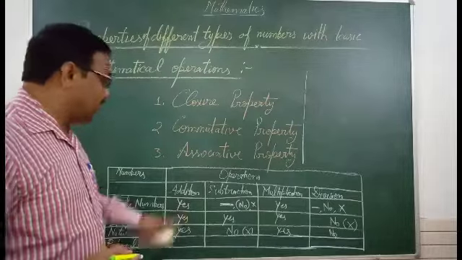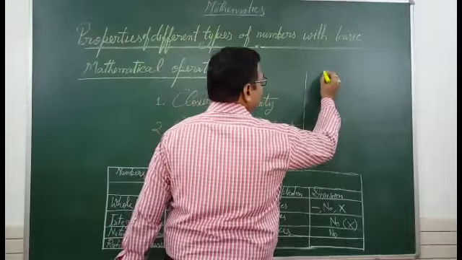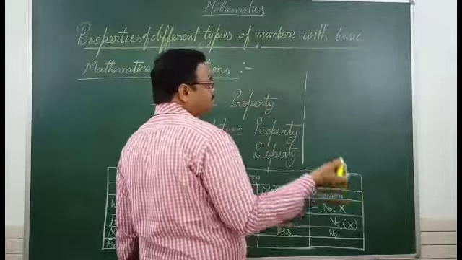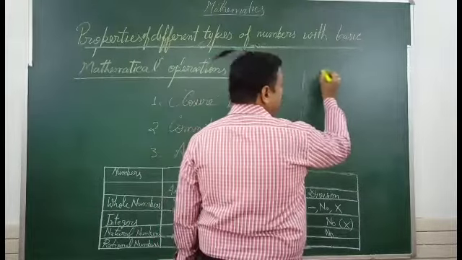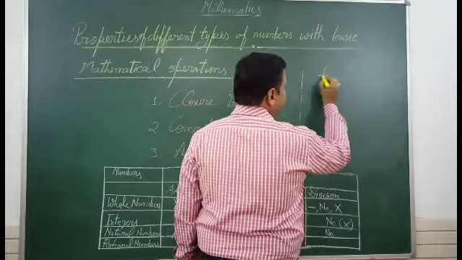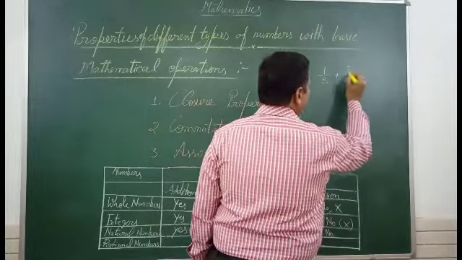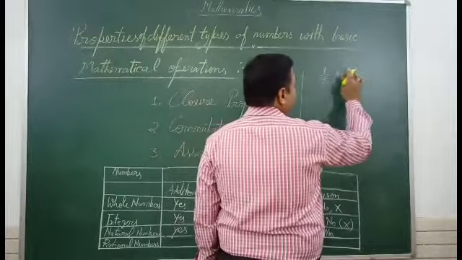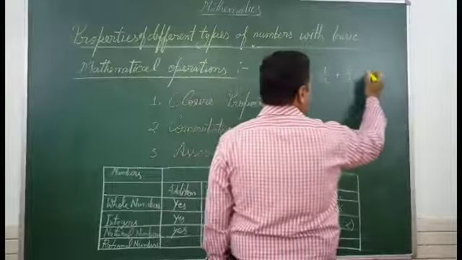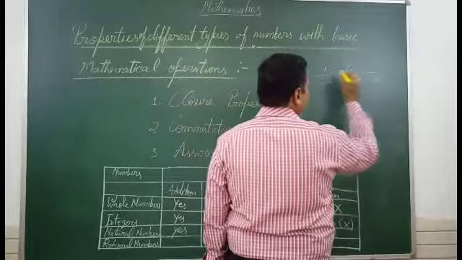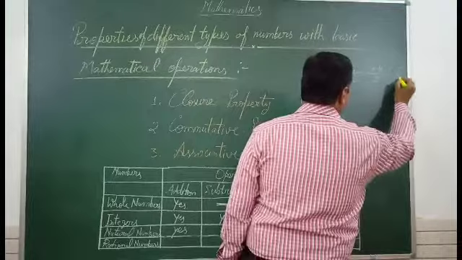Rational numbers under addition. We can take any two rational numbers, either like or unlike or mixed fractions also. So here I am taking these two fractions for addition, 1 upon 3 and 4 upon 3, and then what will happen? Here you can take 3 as the LCM, 1 plus 4 becomes 5 upon 3.